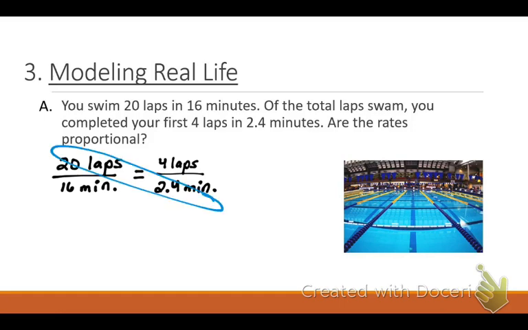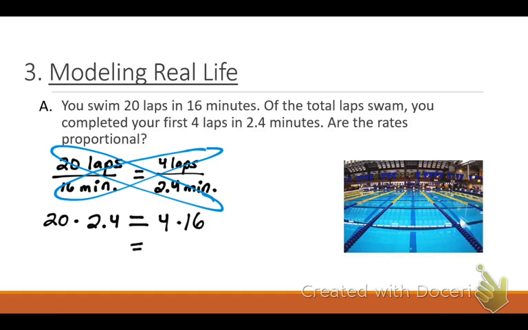What else should I circle? 4 laps. 16 minutes and 4 laps. Drop down that equal sign. What should I multiply on the left side? 20 times 2.4. What do I multiply on the right side, guys? 4 times 16. Okay, 4 times 16, 16 times 4, either one's fine.